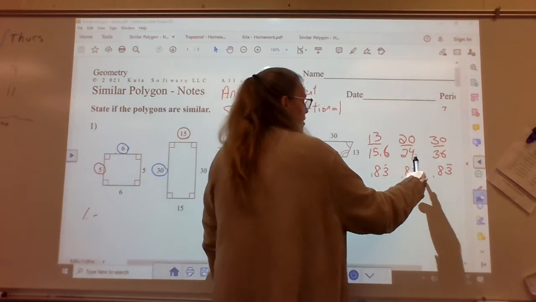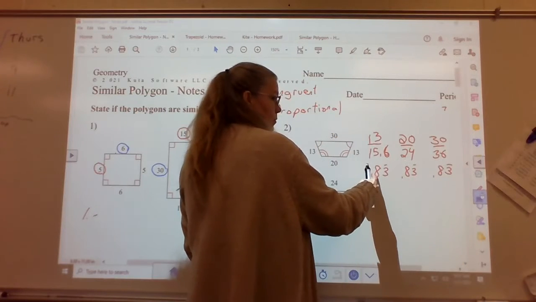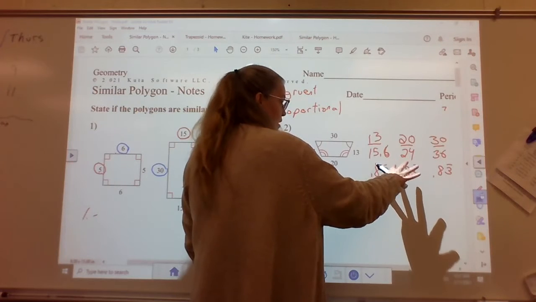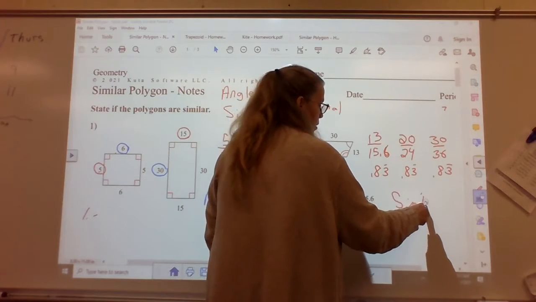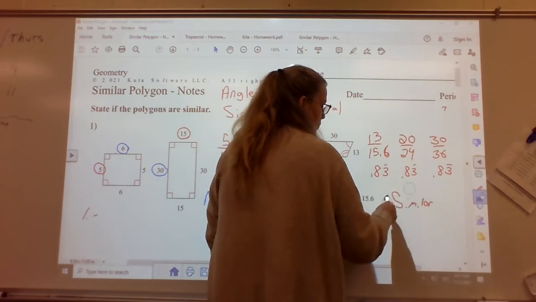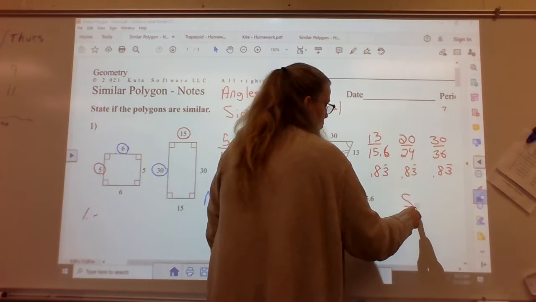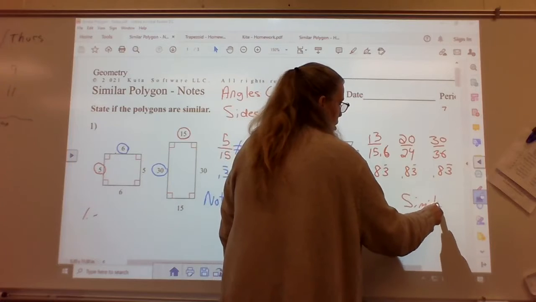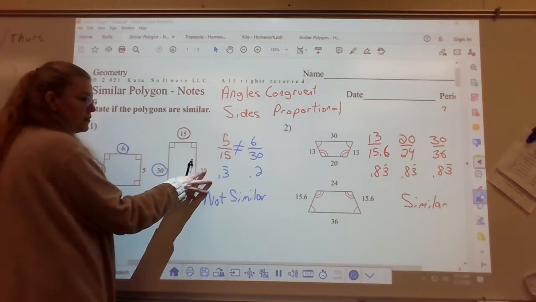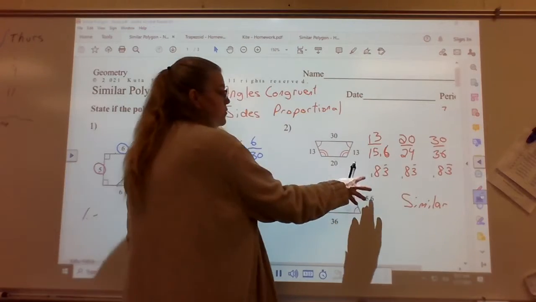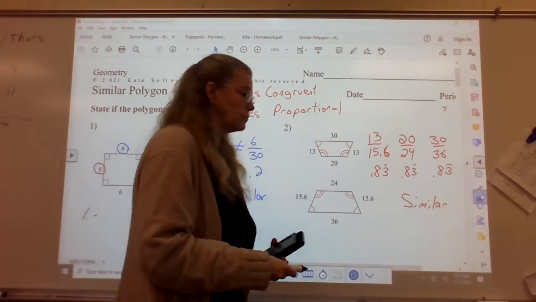All 3 of these numbers were identical, and all of them have to match. If they do match, my shape is similar. So these 2 trapezoids are similar. If you end up with different numbers, they're not similar. If you end up with the same number, they are.